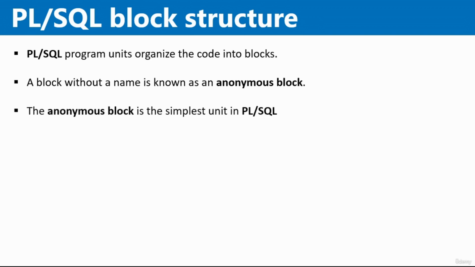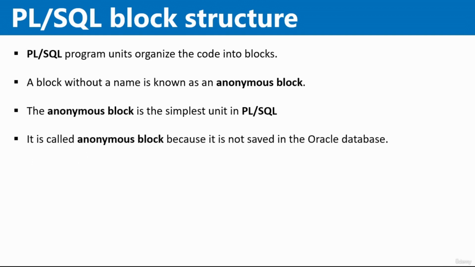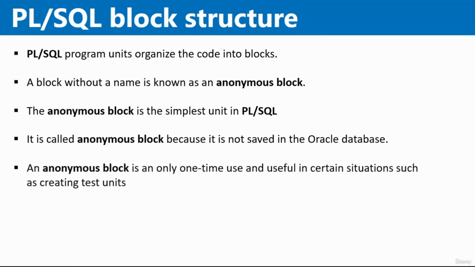It is referred to as the anonymous block because it is not saved in the Oracle database. An anonymous block is only for one-time use and is useful in certain situations such as creating test units.